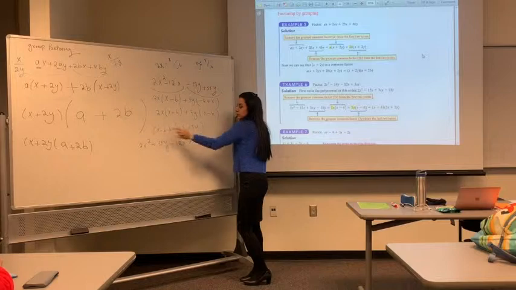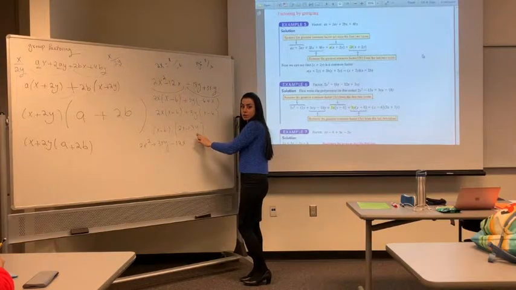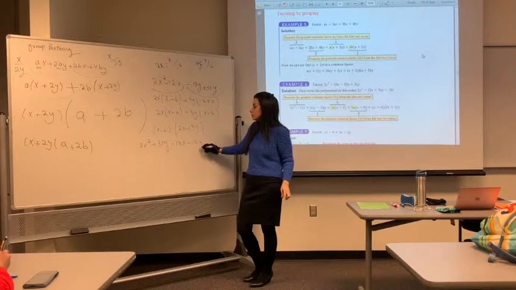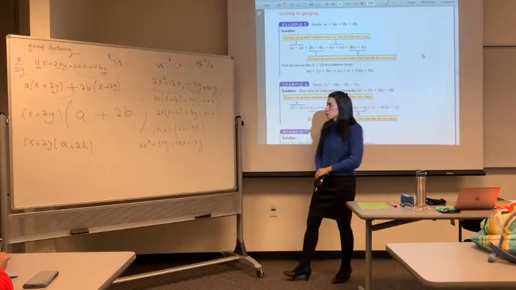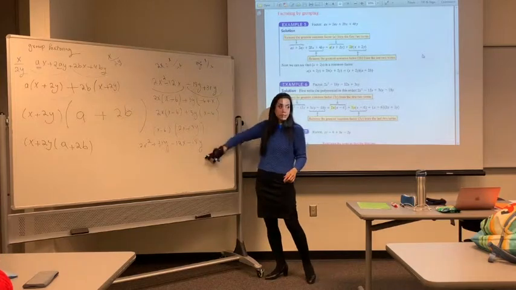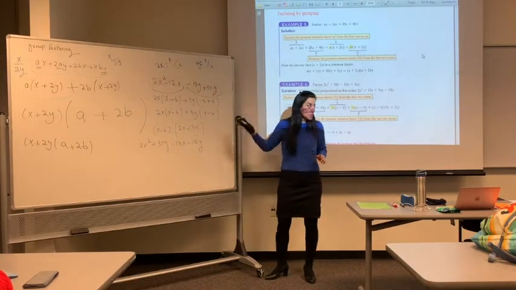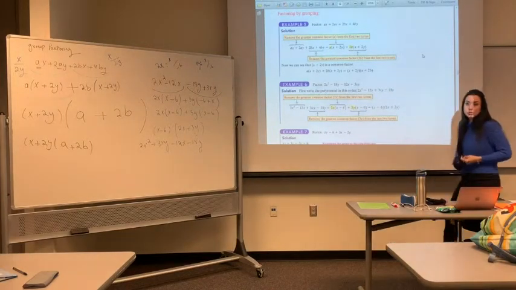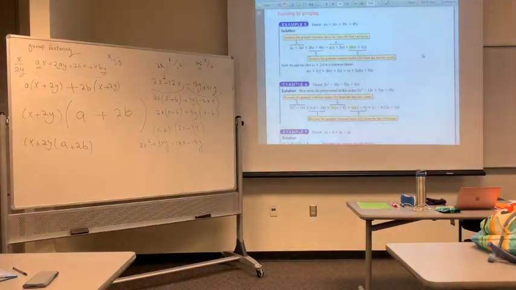Last: negative 6 times 3y is negative 18y. Is that correct? Yes. So how do you know? You just check with the first result and you were right. So going backward means multiplying them, using FOIL, and you will get the correct answer. If it is correct, your answer should be exactly the same as the top part. Correct? Do you have any question?